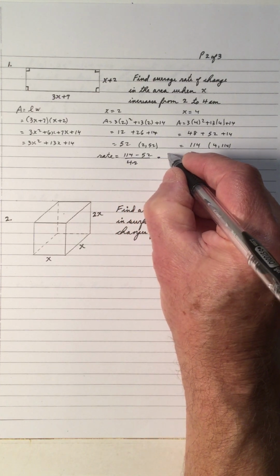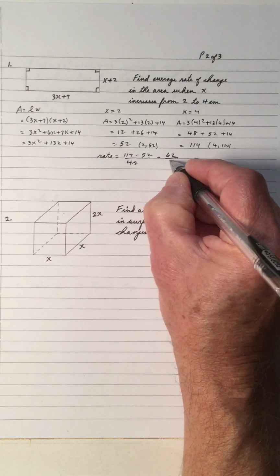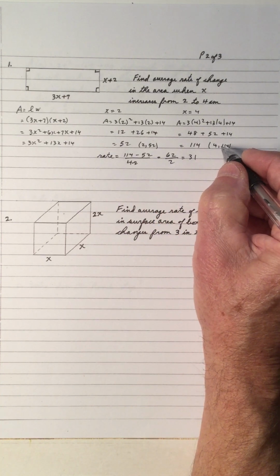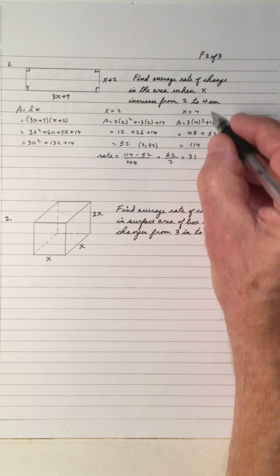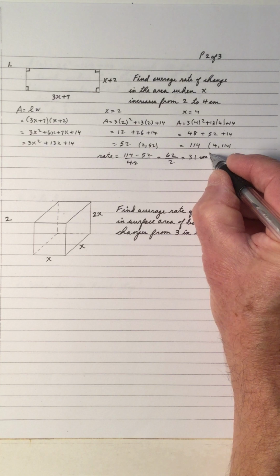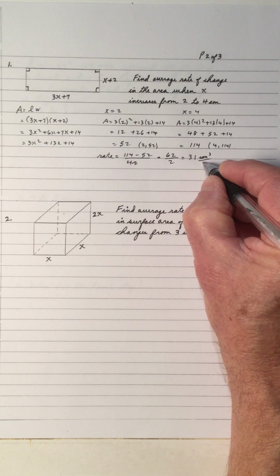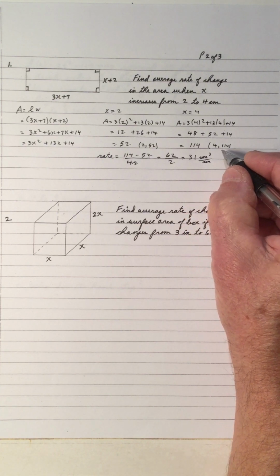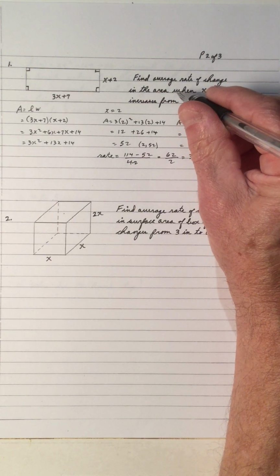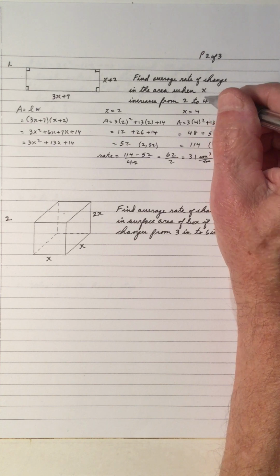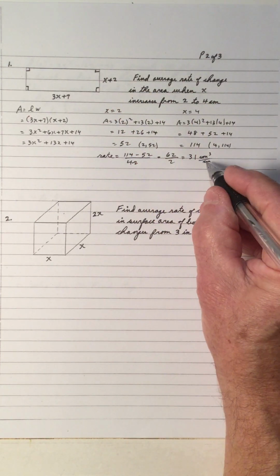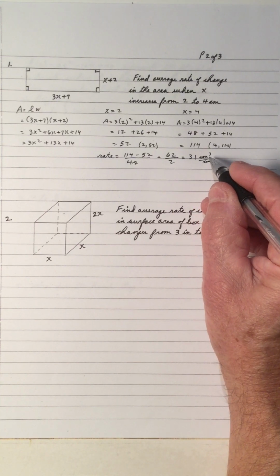And so that gives us 62 over 2. So it's 31. So the rate of change in the area, so the area is in centimeters, so that's 31 square centimeters. And again, we're dividing it by centimeters. So it's the ratio, it's the rate of change, the ratio of the area to the value of x. So 31 is the rate of change.